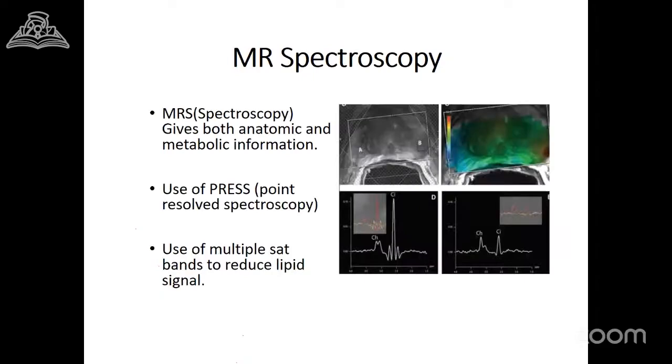MR spectroscopy provides both anatomical and metabolic information about prostate tissue, allowing better characterization of the lesion. It commonly uses the PRESS technique, which stands for point resolved spectroscopy, to obtain localized spectral data from the prostate.